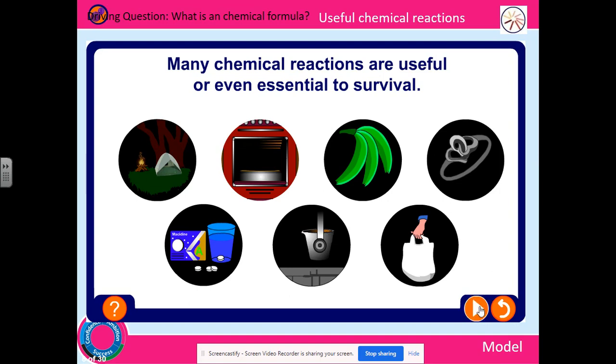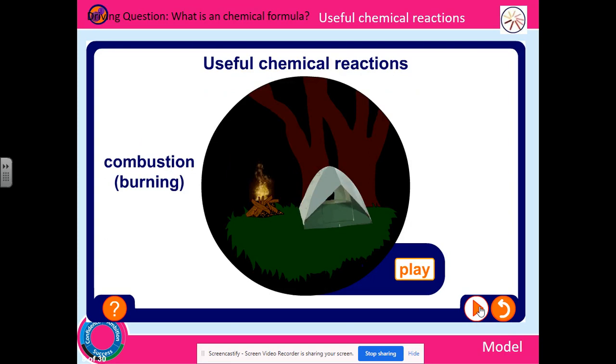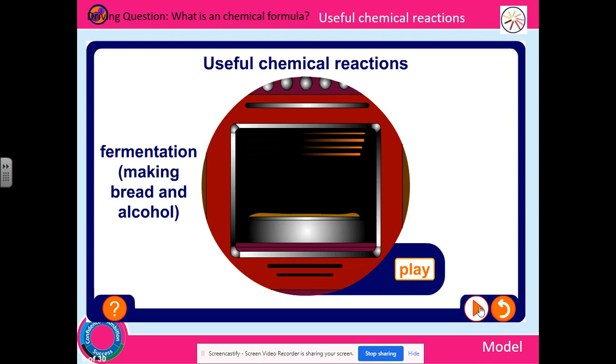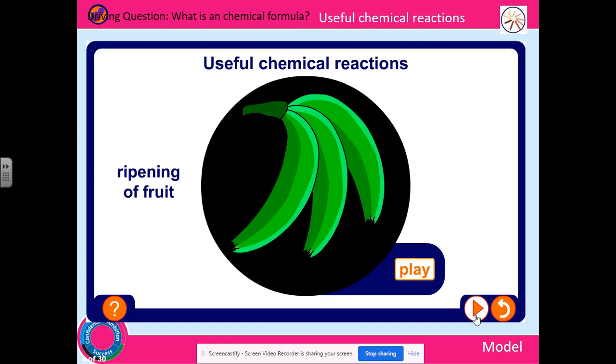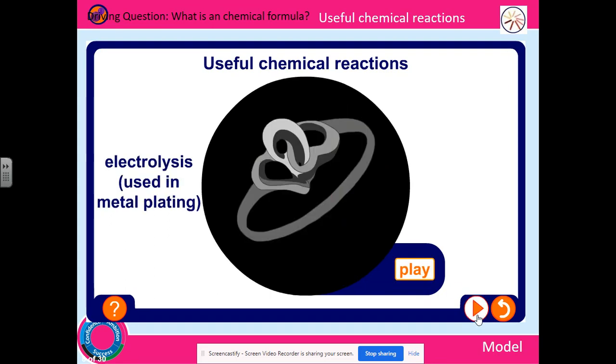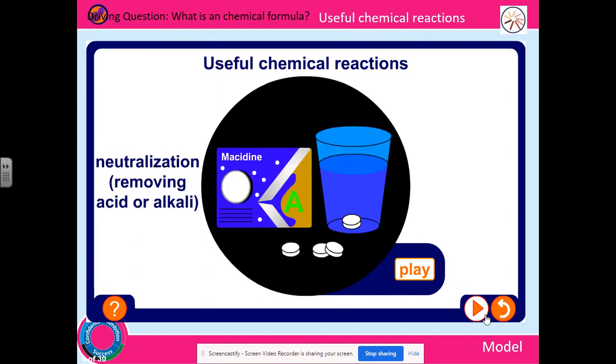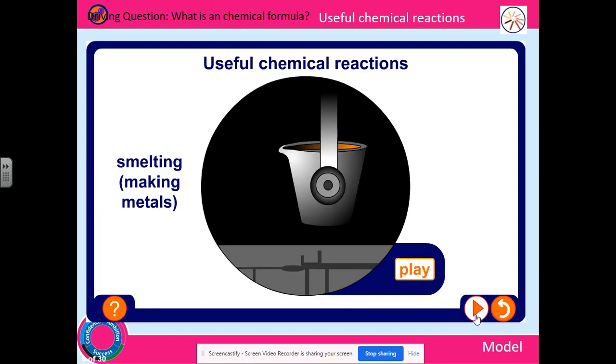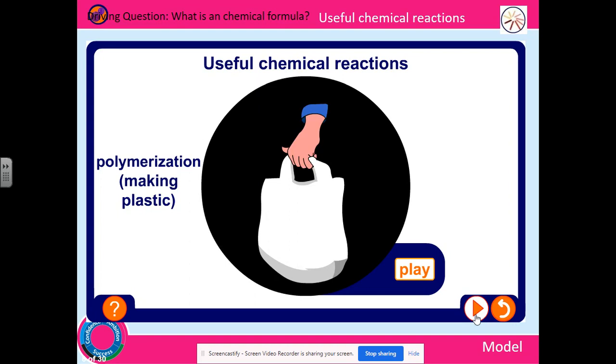For example, combustion, which is burning, fermentation, making bread and alcohol, useful chemical reactions like the ripening of fruits, electrolysis used in metal plating, neutralization, removing acid or alkaline, smelting, which is for making metals, polymerization, making plastic.